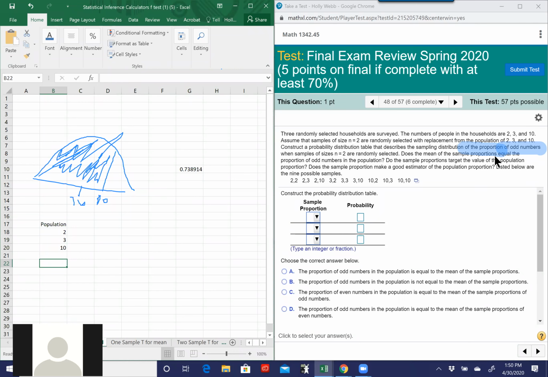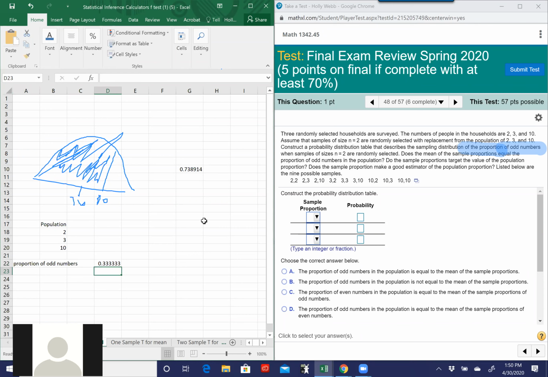And we're interested in the proportion of odd numbers. What is the proportion of odd numbers in this population, y'all? Is it 1/3? Yes. Y'all see that? Any questions there? We've got one odd number out of 3. So the population proportion of odd numbers is 1/3.